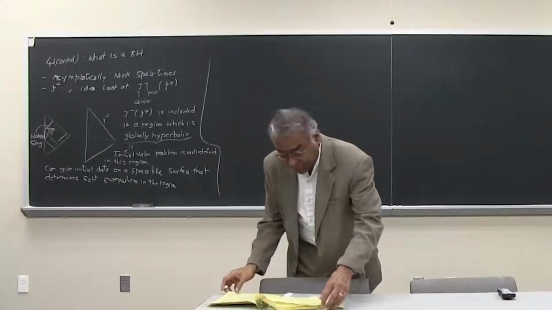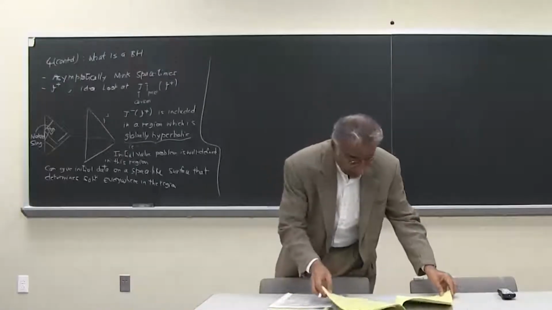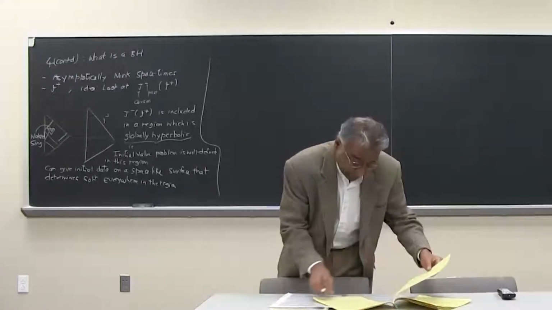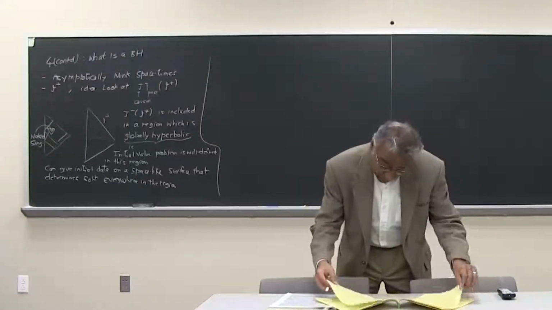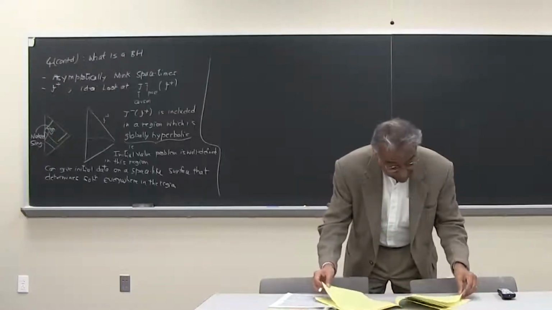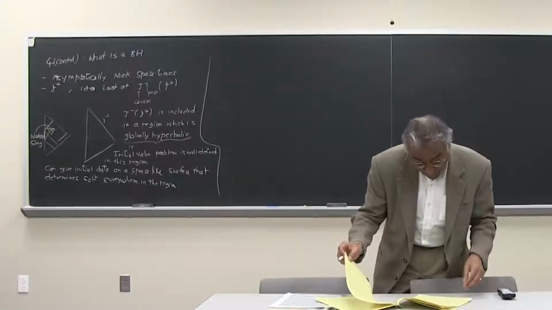Then what we need to do is to check. Let's see, what is the next? So we have this definition of asymptotic flatness now, and we have a definition of what a black hole is.